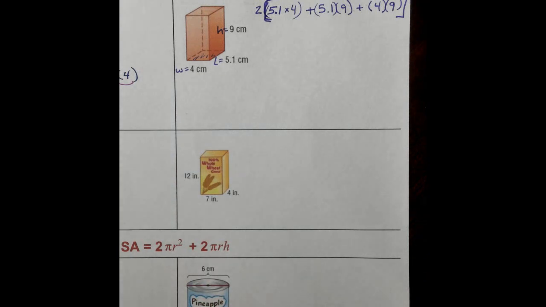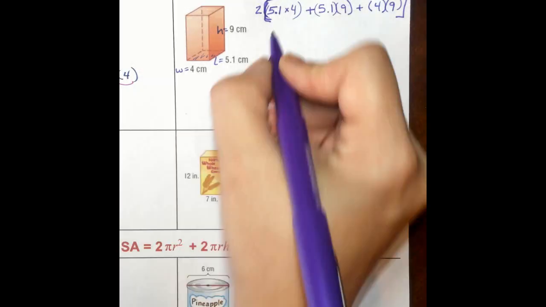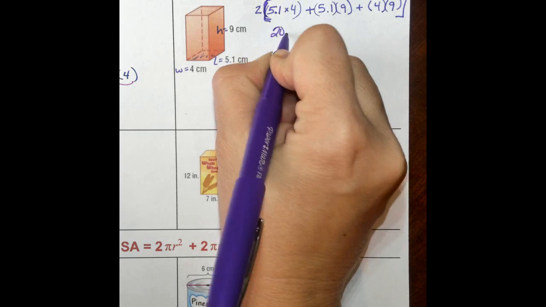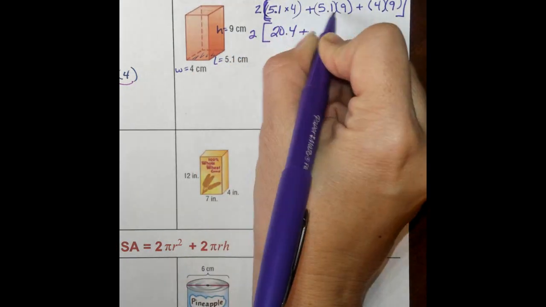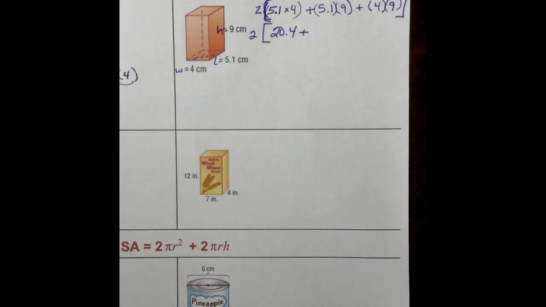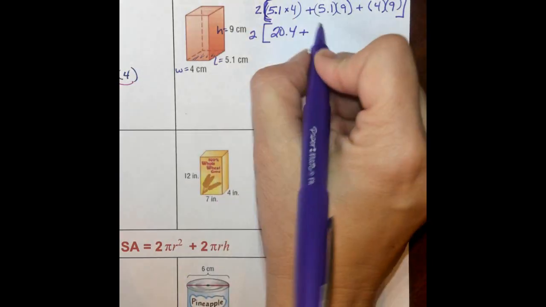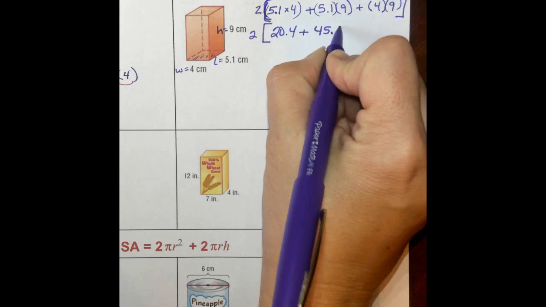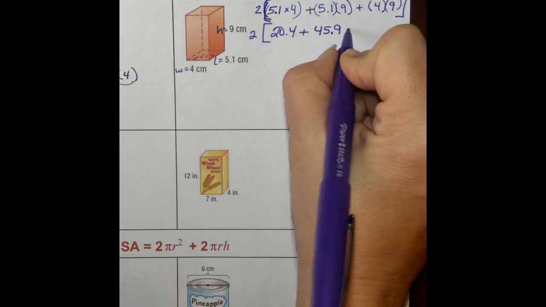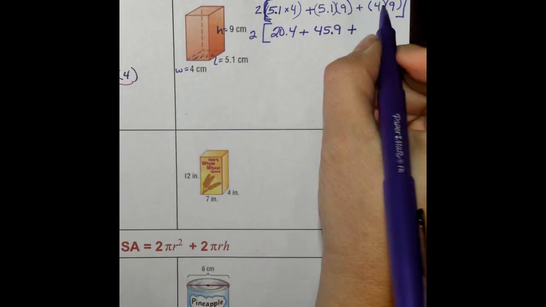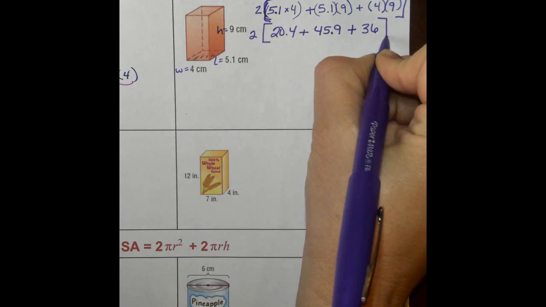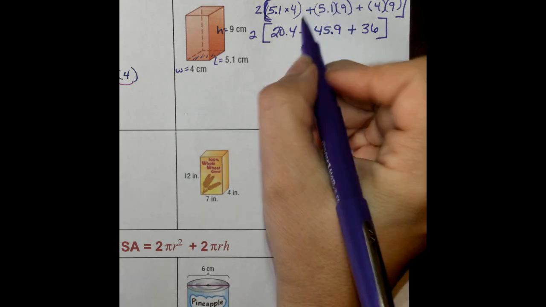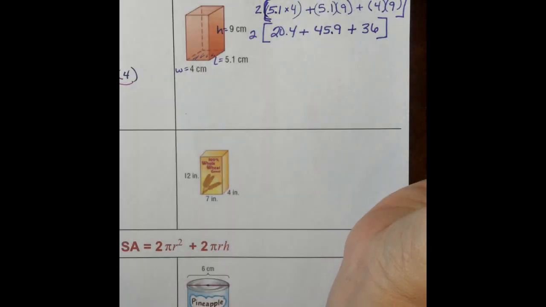So 5 1/10 times 4 is 20 4/10, plus 5 1/10 times 9 is 45 9/10, plus 4 times 9 is 36. So again, remember that these brackets are like large parentheses.